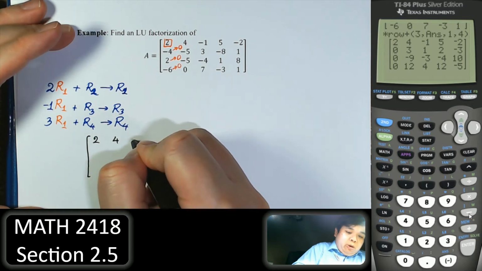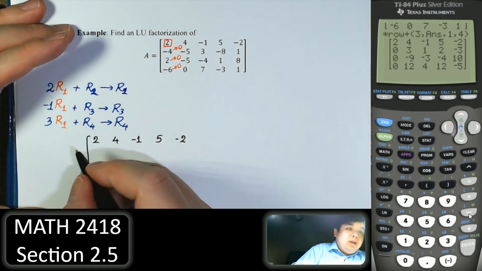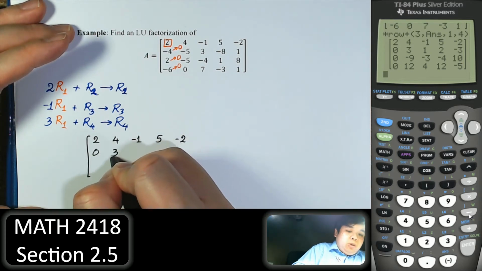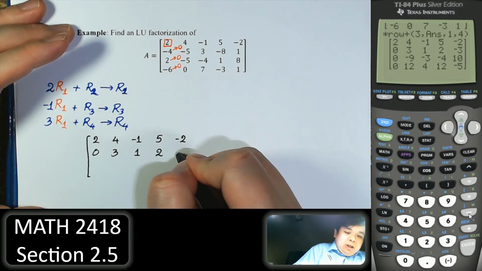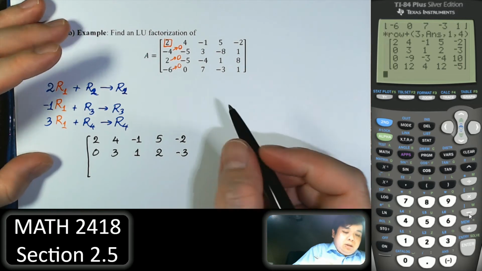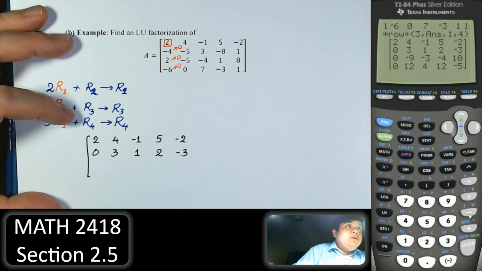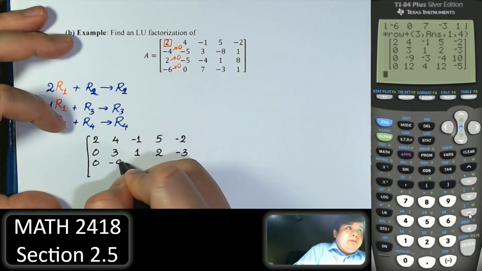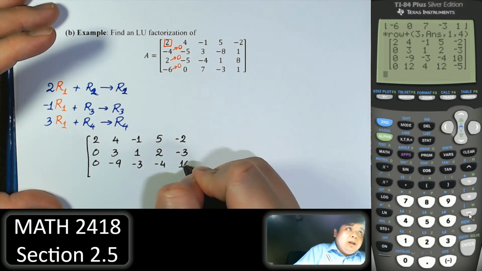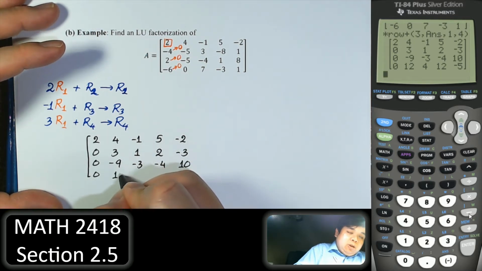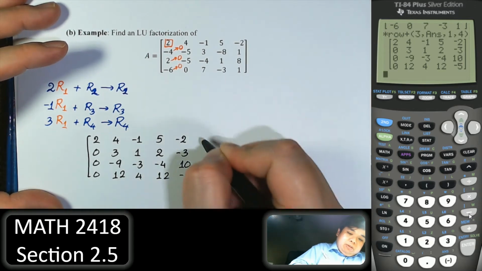2, 4, negative 1, 5, negative 2. 0, 3, 1, 2, negative 3. 0, negative 9, negative 3, negative 4, and 10. 0, 12, 4, 12, and negative 5.